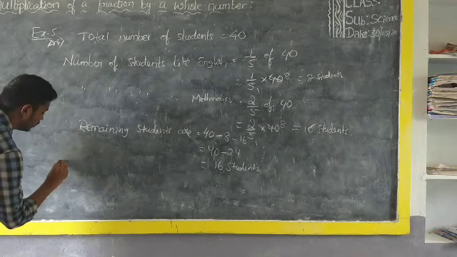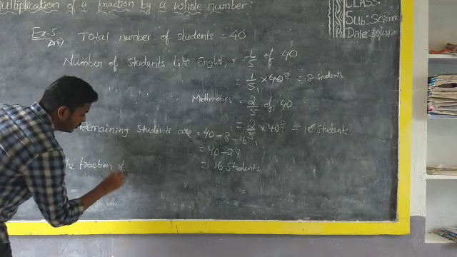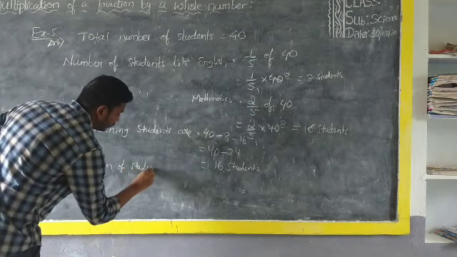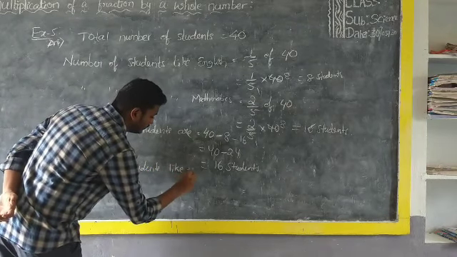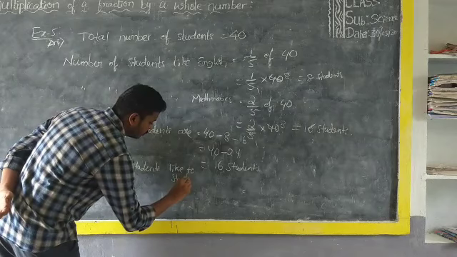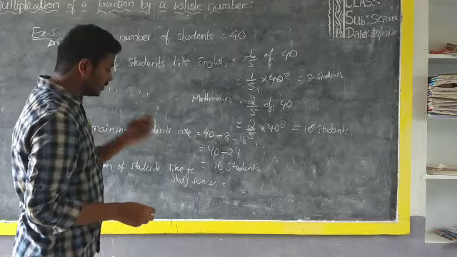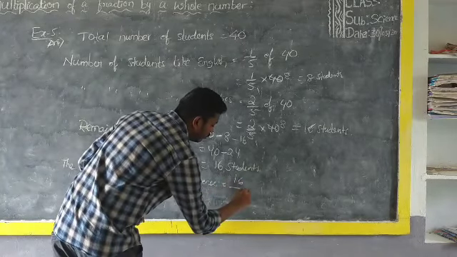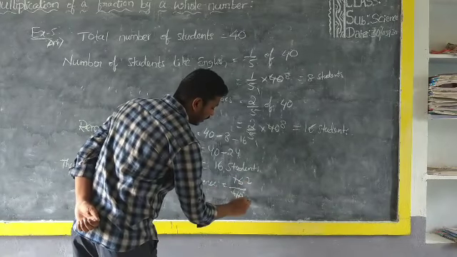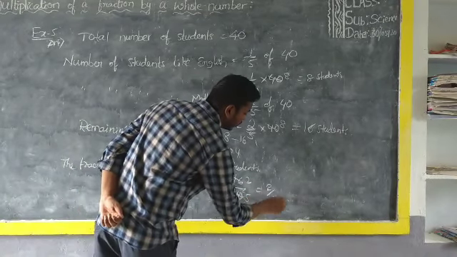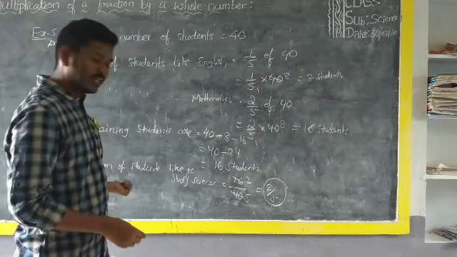The fraction of students who like to study science equals 16 out of 40. To change into a fraction, 8 2s are 16, 8 5s are 40, so 2/5. 2/5 of the total number of students like to study science.